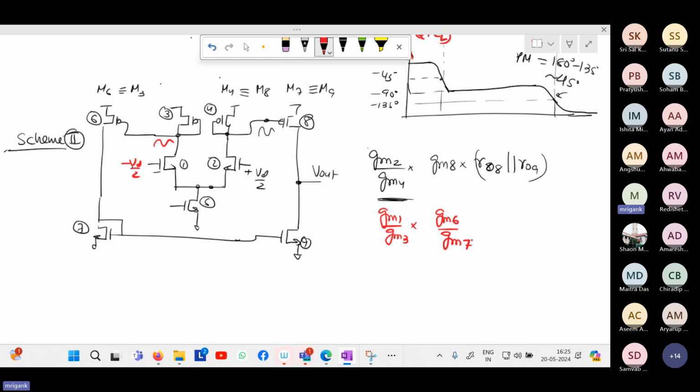We have to go to the output. You have given me the gain only till this point. Can you complete it? Complete the thing.